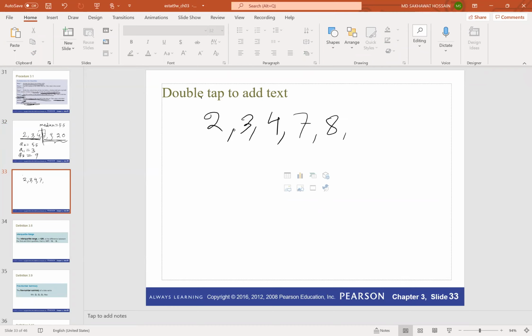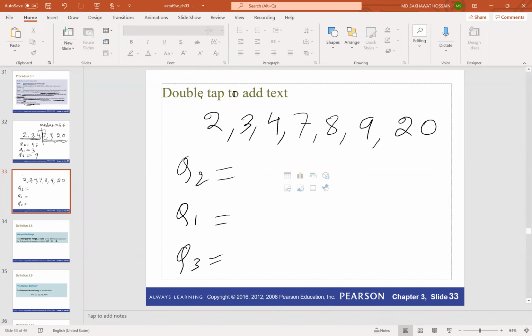Then let's consider 8, 9, and 20. So what is the median in this case? What is Q2? 7. Yes, Q2 is 7, correct, because 7 is in the middle, right? So Q2 is 7.